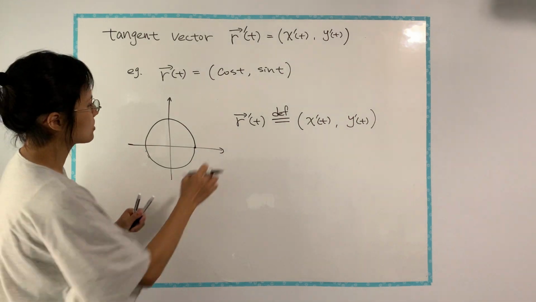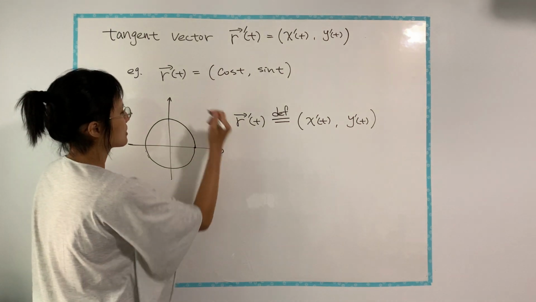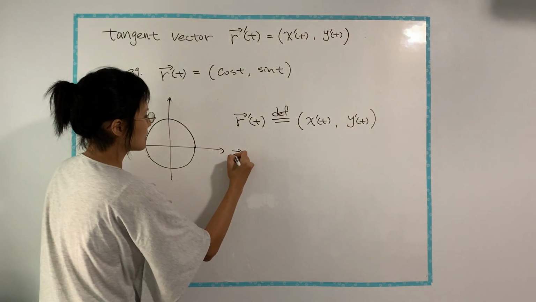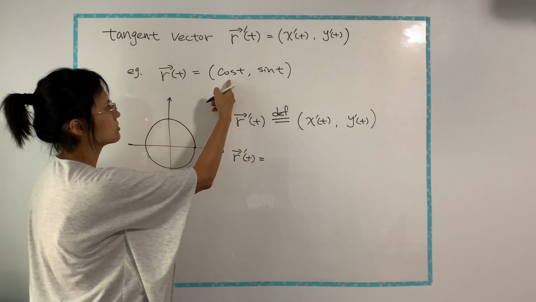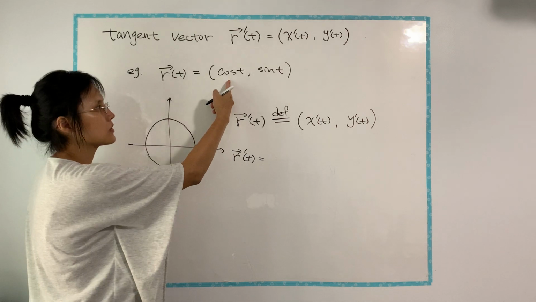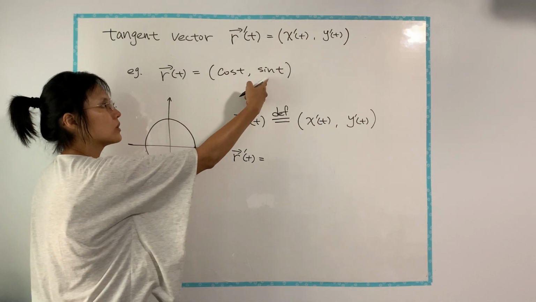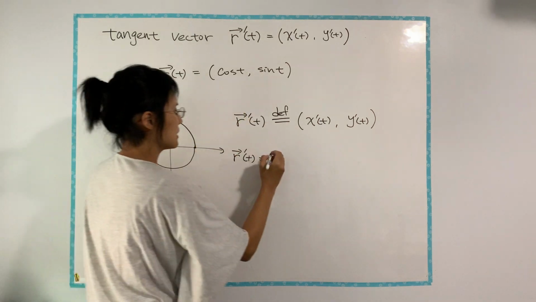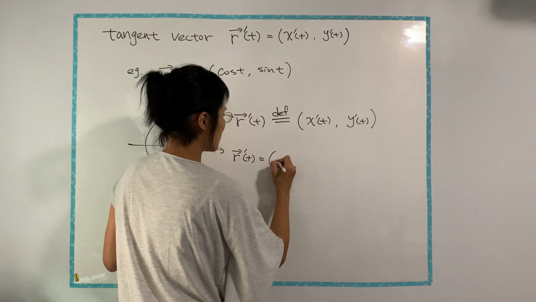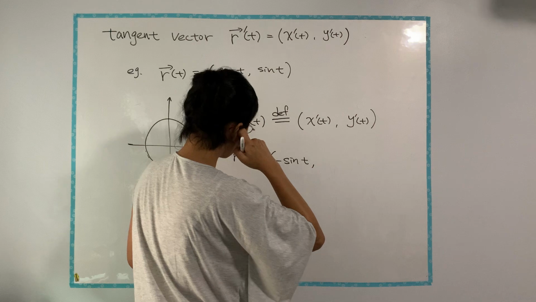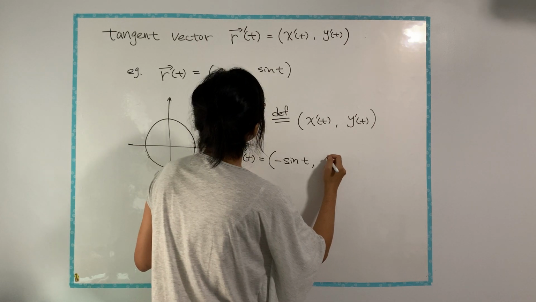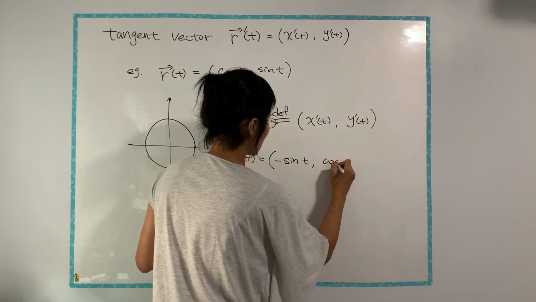So in this case, r prime of t is equal to, what is the derivative of cosine and what is the derivative of sine? The derivative of cosine is minus sine. The derivative of sine is cosine.